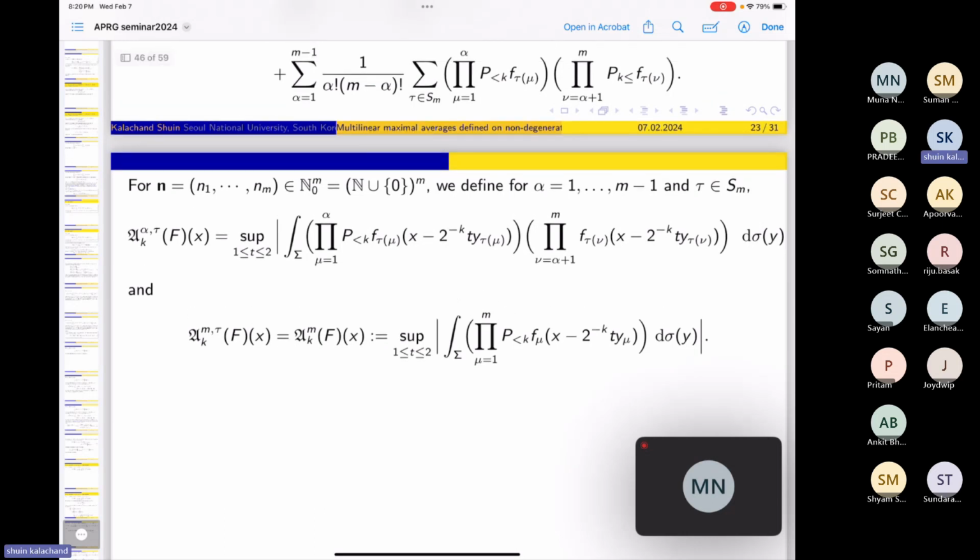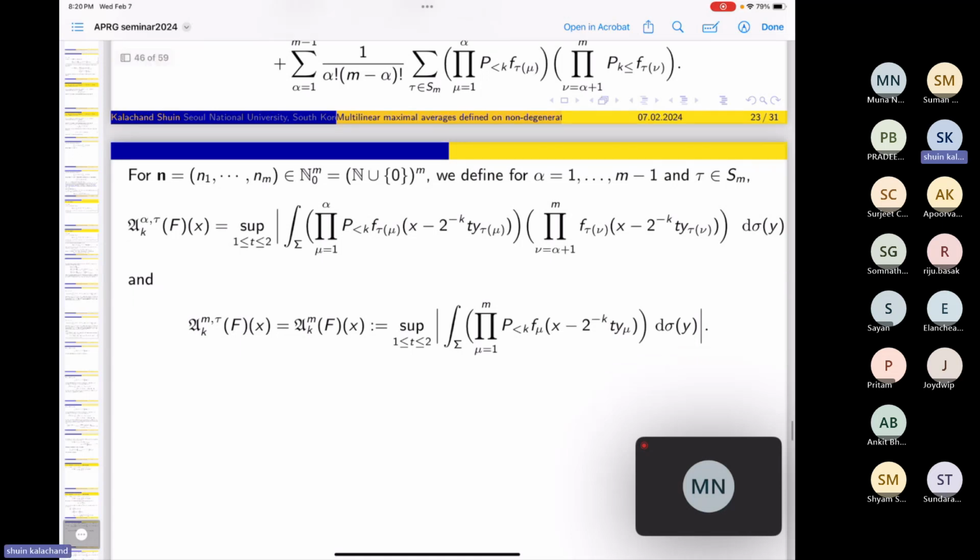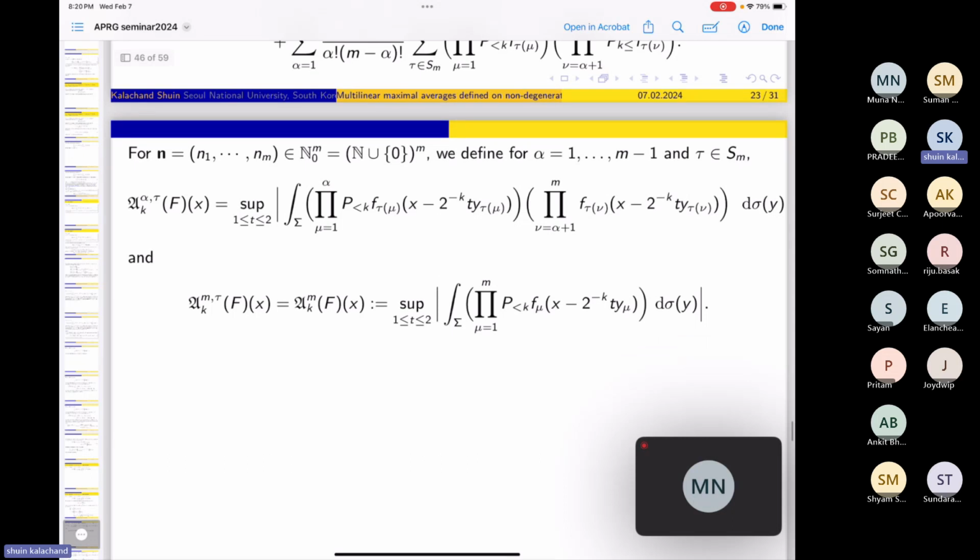Now here, note that if we just prove the estimate of this A alpha tau comma k for the identity element tau of S_m, then for other tau the proof will be similar, because it is just a permutation of the functions, whether I take the function on this side or on that side of the right hand side. So we can take tau to be the identity element of the group S_m.